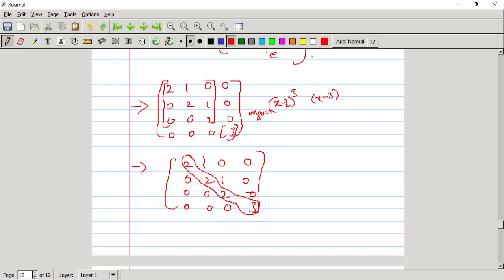If in the next row the element next to the diagonal element is 0, then we consider this submatrix as one block. Suppose this is non-zero again, that means the element next to the eigenvalue 2 is non-zero, then we have to go to the next row again. Here it is 0, so we consider this submatrix as a Jordan block.